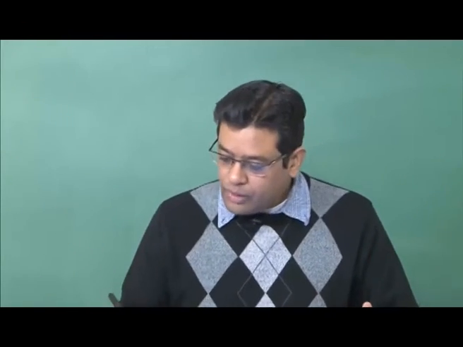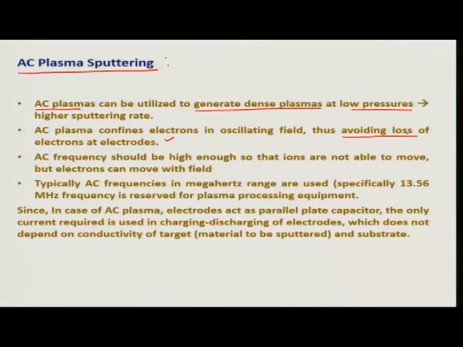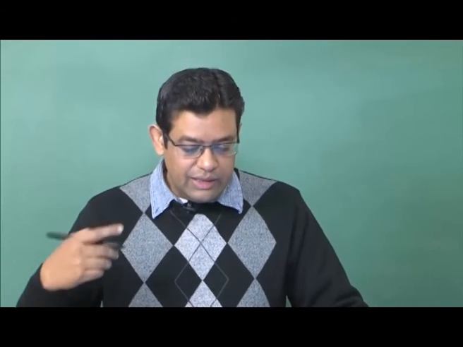Once you are not losing any electrons at the electrodes, you do not need to depend on secondary electron emission. So that helps in creating more and more ions at a lower voltage.